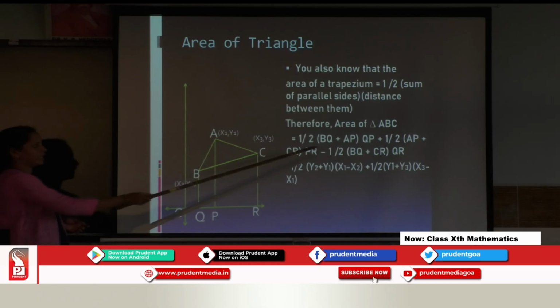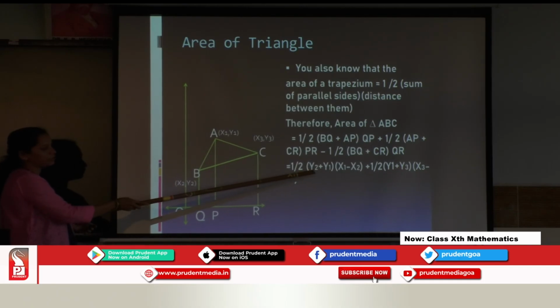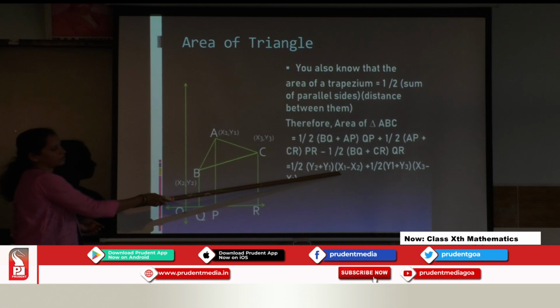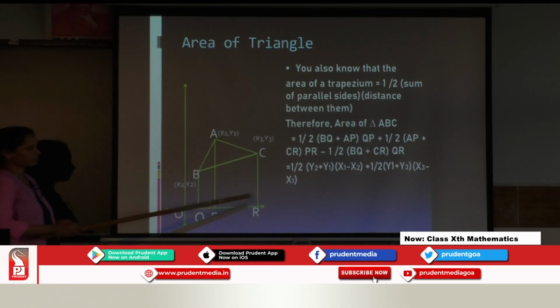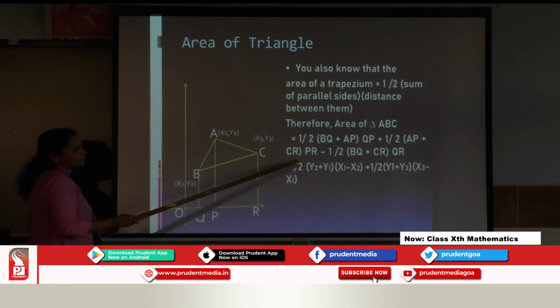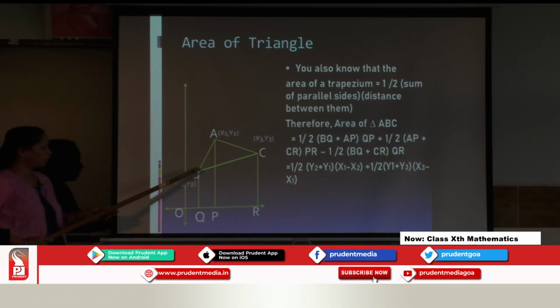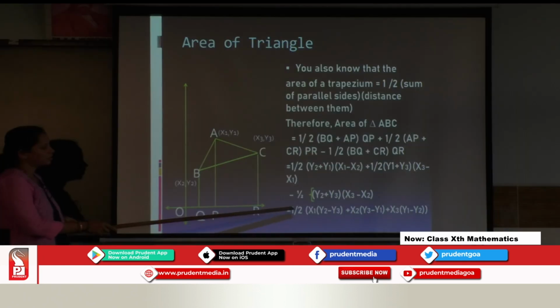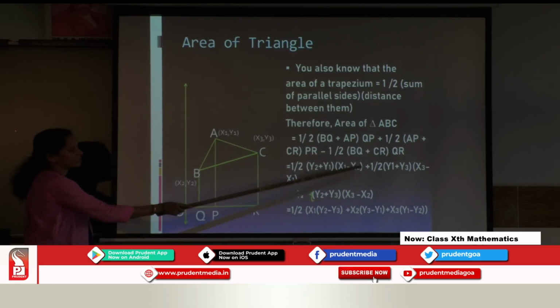So on putting all the values of this, we get half into, BQ is equal to y2, then AP is equal to y1. So half into (y2 plus y1), then QP is equal to x1 minus x2, plus half into (AP plus CR), AP is equal to y1 and CR is equal to y3, into PR, PR is equal to x3 minus x1, minus half into (y2 plus y3) and (x3 minus x2) is QR.